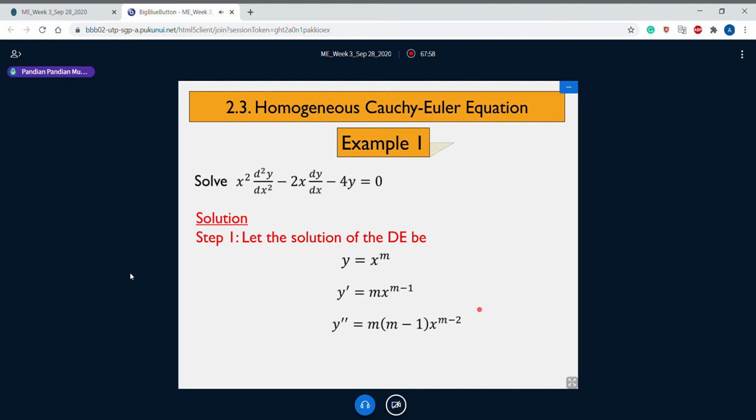Of course, if you do the steps, you can see the detailed solutions. But if you don't want to do the steps, you can directly find the auxiliary equation, and then find the general solution.